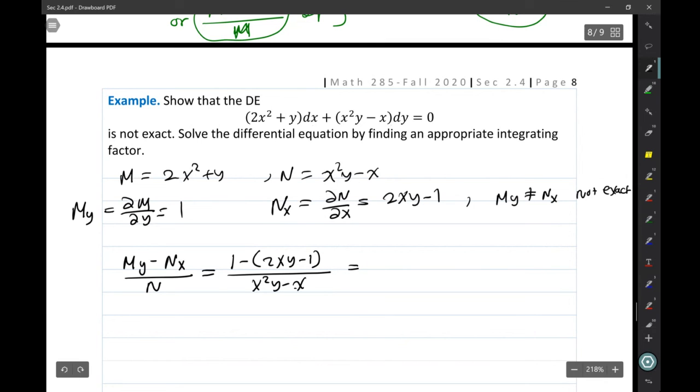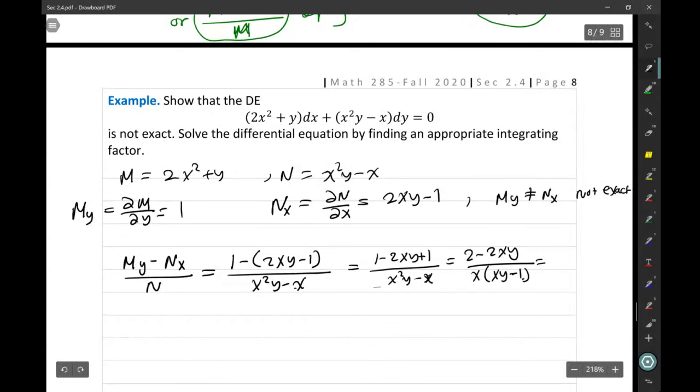This becomes 1 minus 2xy plus 1 over x squared y minus x, which is equal to, 1 plus 1 gives me 2, minus 2xy, divided by, take x as a common factor here, x times (xy minus 1).